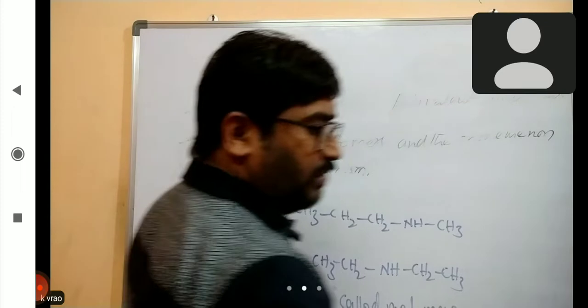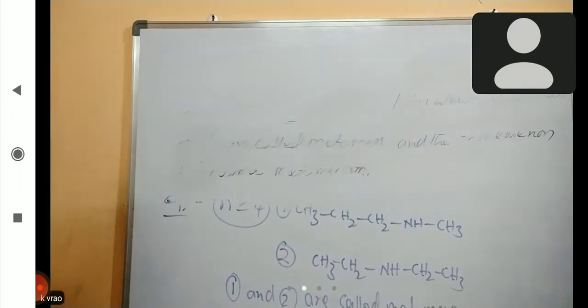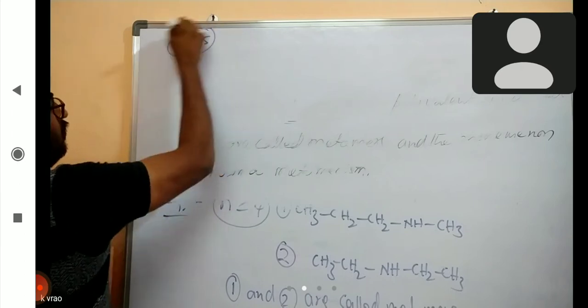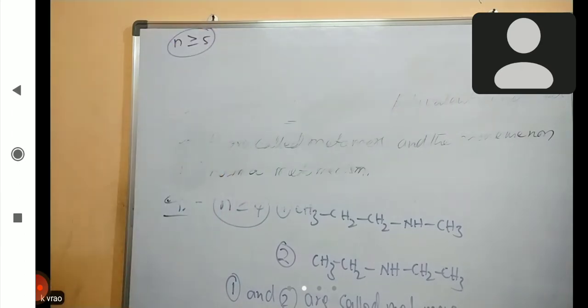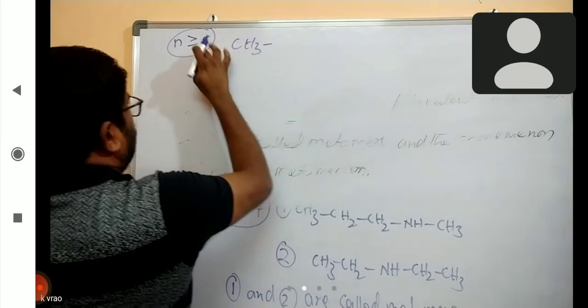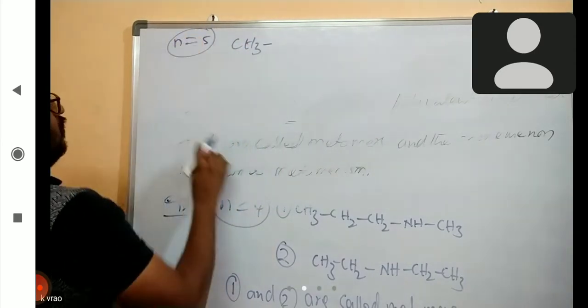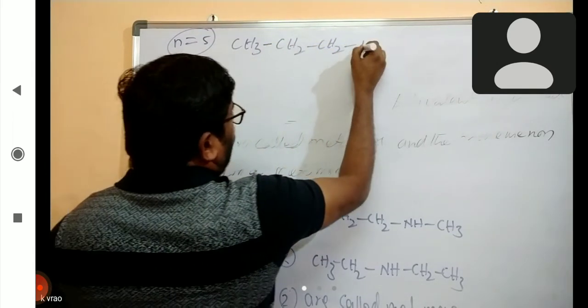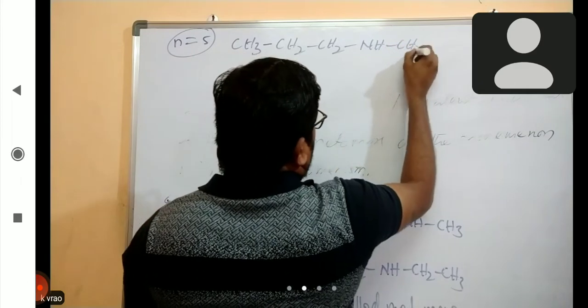Next example. For example, take n is equal to 5 carbons, n is greater than or equal to 5. I am taking n is equal to 5: CH3, CH2, CH2, NH, CH2, CH3.